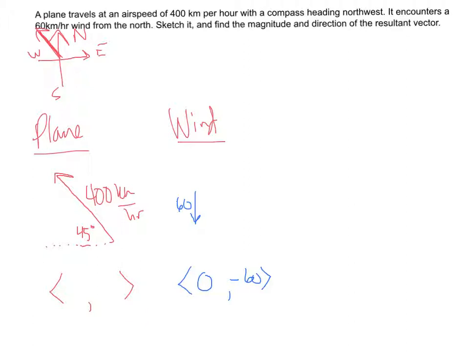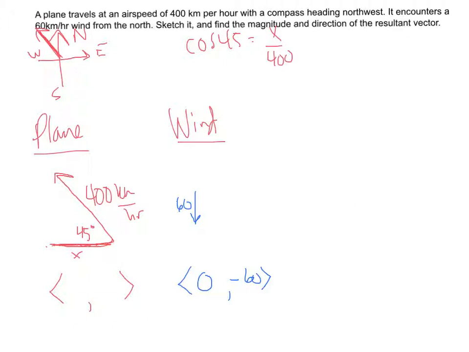The plane, we're going to have to do a little bit of math to figure that out. So to find the x component of the plane, this is the adjacent side, the x side is the adjacent side, the 400 is the hypotenuse. So we're going to do cosine of 45 equals x over 400.